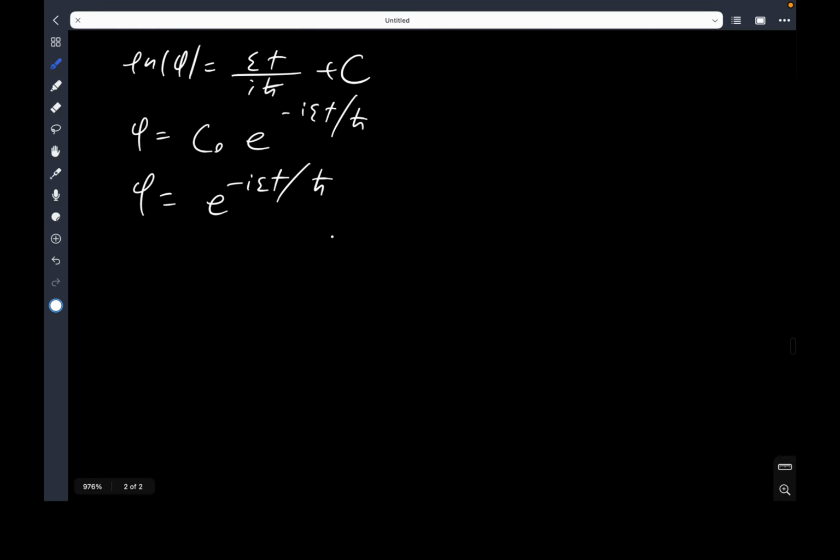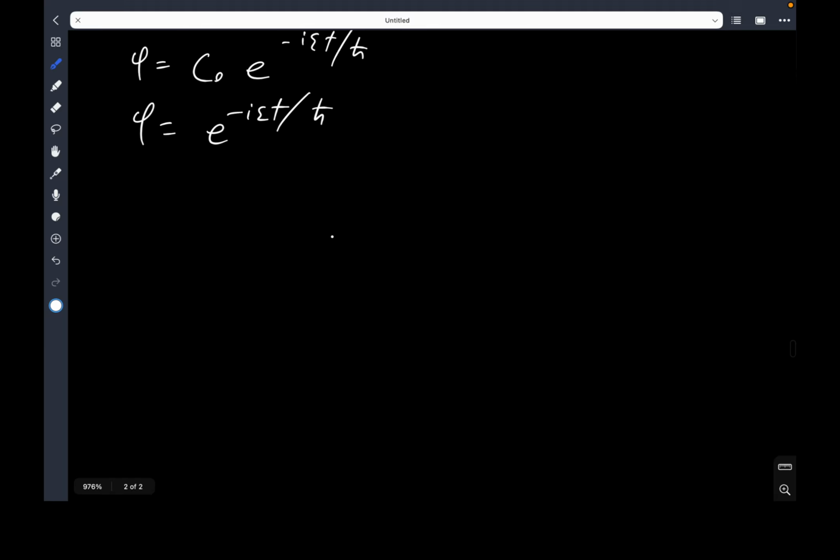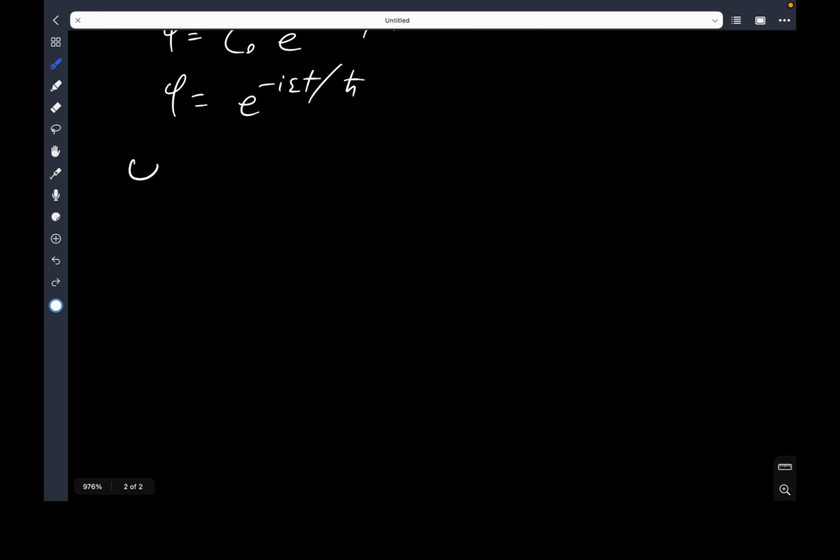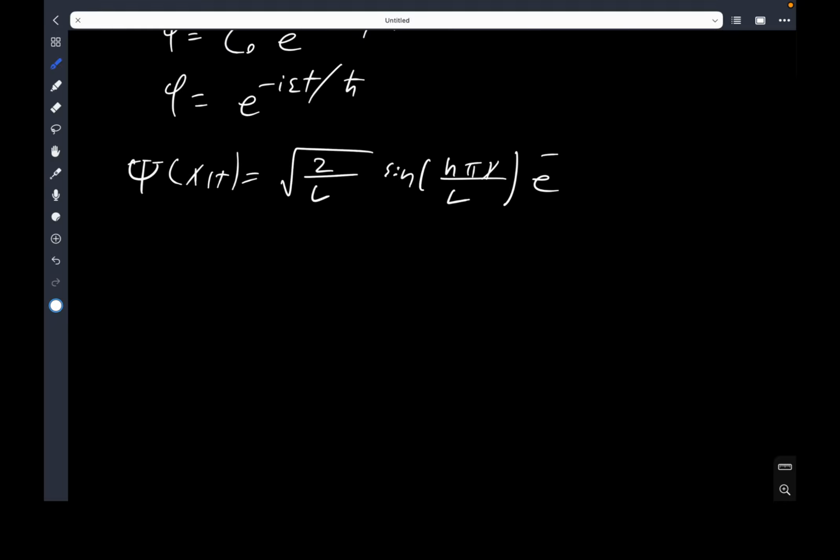So this is my time dependent form, and my spatial solution was this. I remember that psi was the product of these two, and thus I'm going to be able to write it, finally, as square root of 2 over L sine of n pi x over L e to the negative i E_n t over h bar.